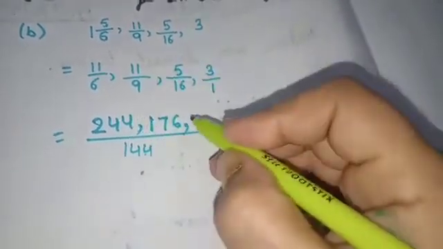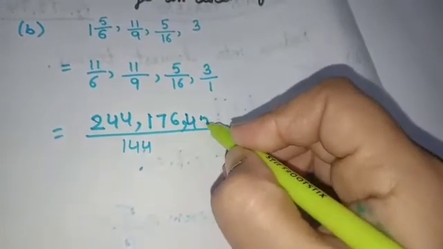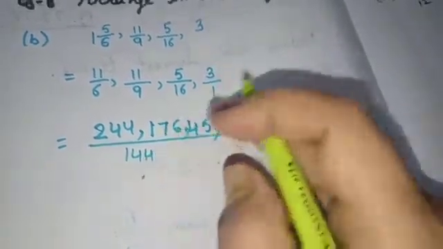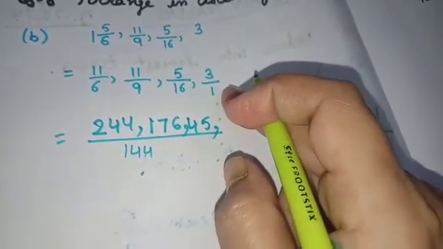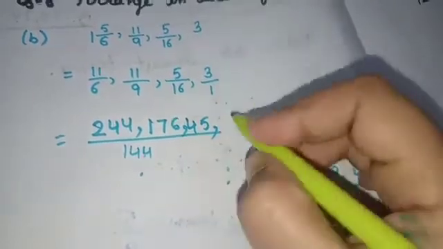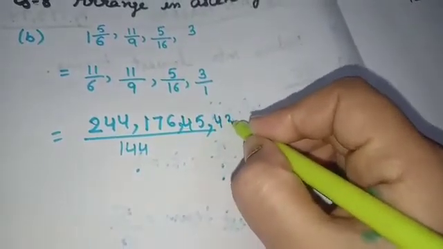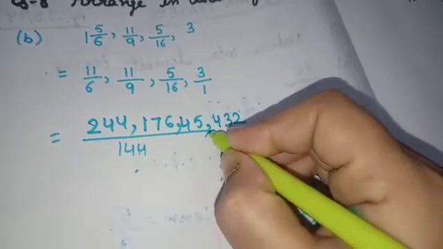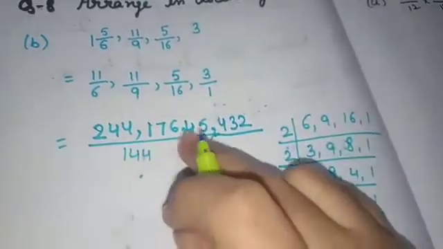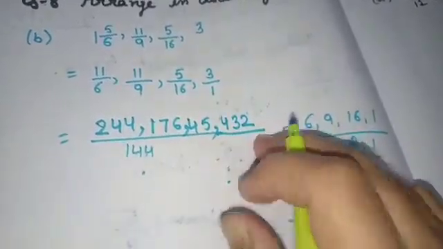9 5s are 45. 144 divided by 1 it's 144 multiplied by 3 it's 432. These are the 4 different numerators we have got.